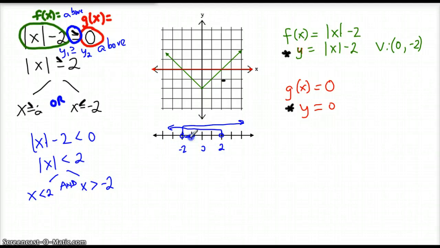So that is only where they overlap. Do it the old-fashioned way, like the chapter 1 way. Okay, and that would be our answer. It would be right in between these two guys, right?